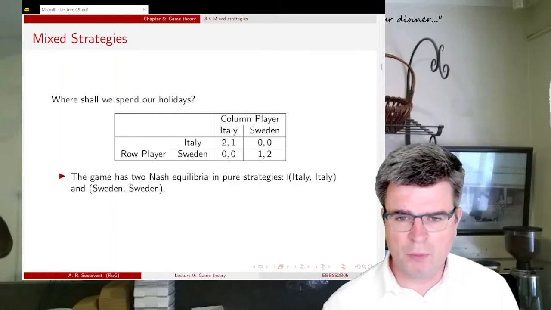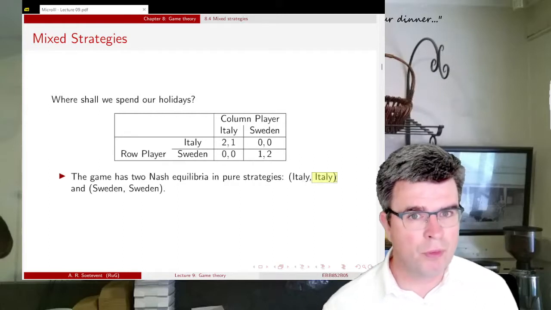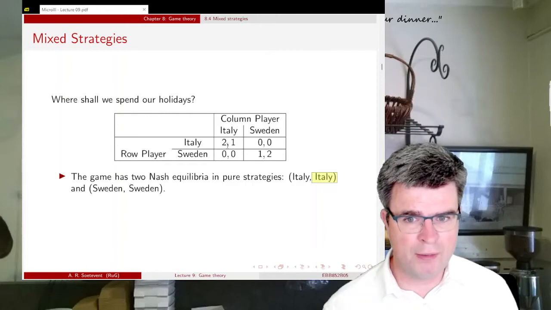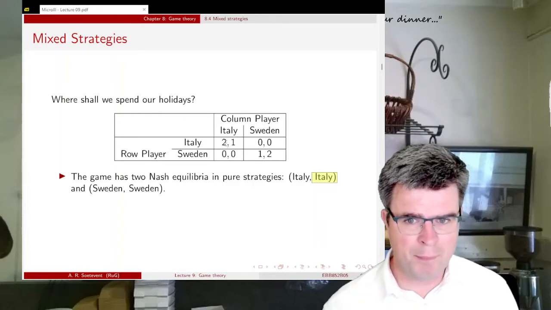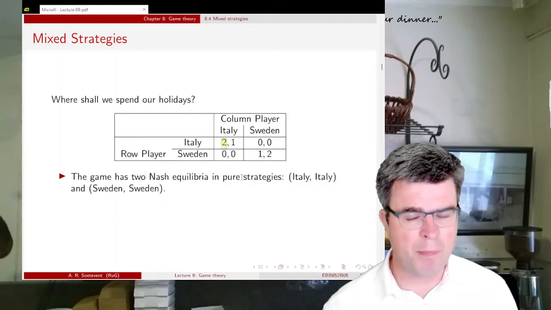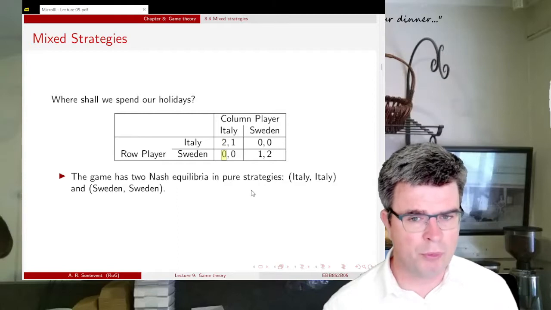So you can see it as follows. Given that the column player decides to go to Italy, it's optimal for the row player to choose Italy as well, because in that case he receives a payoff of 2, which is higher than the payoff of 0 when he would go to Sweden.